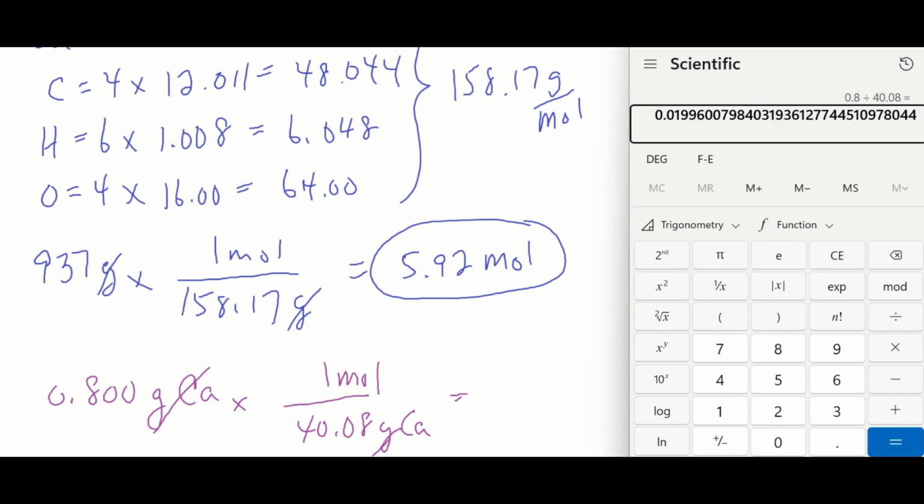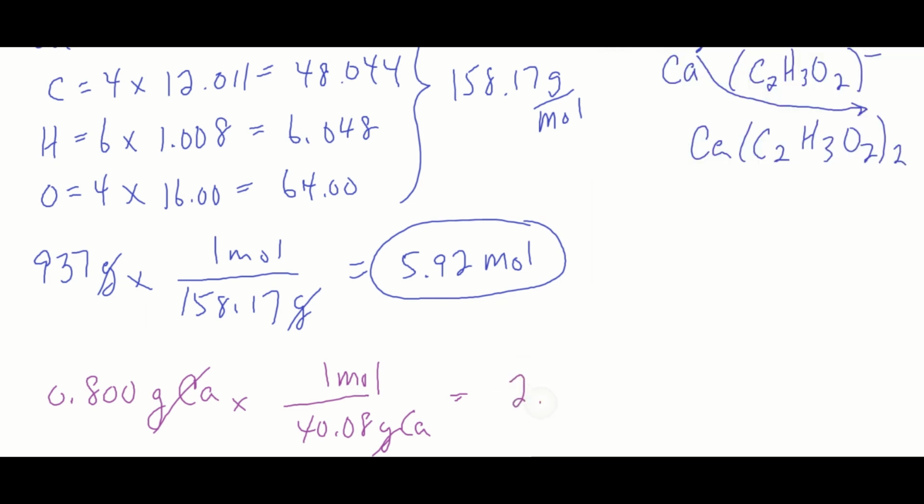So our answer to 3 sig figs is 0.020. All right, let's use scientific notation here. 2.00 times 10 to the negative 2 moles calcium.